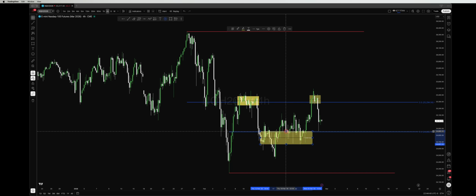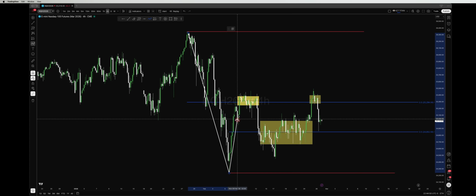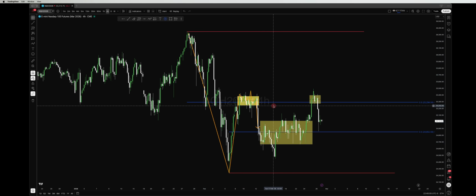This consolidation is the reason why price is not moving. You see this, we have a high and the low, and then it went to the 50% of this whole dealing range right here. It consolidated and it broke down, but when it broke down to the lower side, what happened?